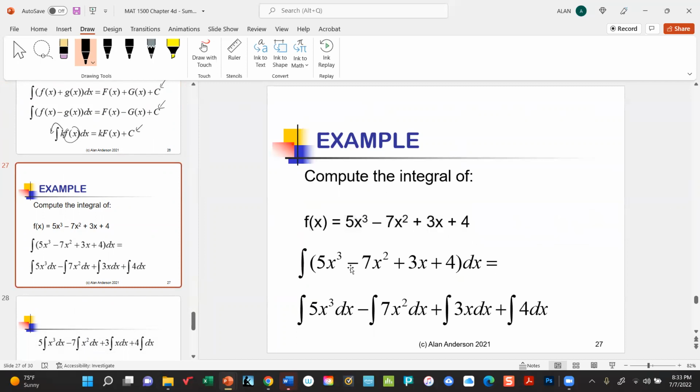You can see that we can clearly break this up into 4 separate integrals, and we just have to be careful about the signs. The second one is minus, so we have a negative sign here. So just write it out like this first. And then what you can do if you want to is move the constants outside of these integral signs. And then in each of these cases, the first 3 at least, you can use this rule.